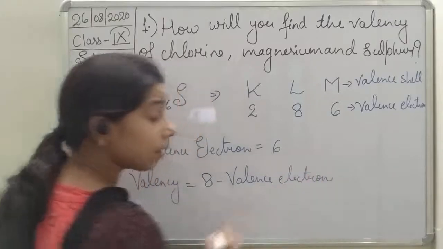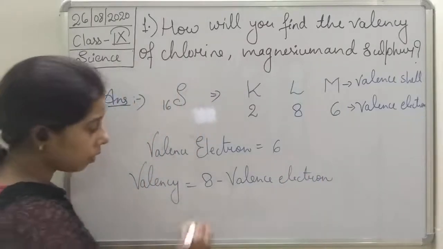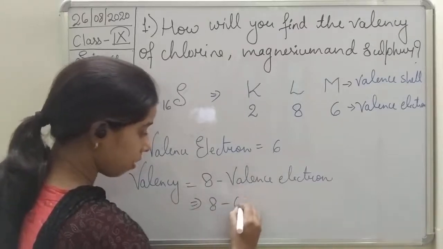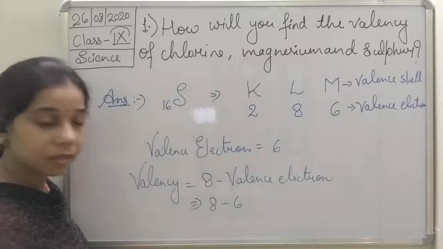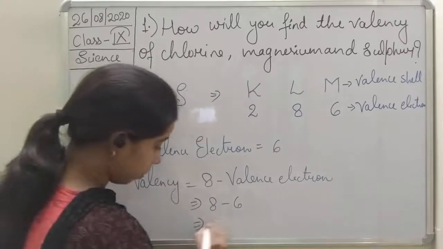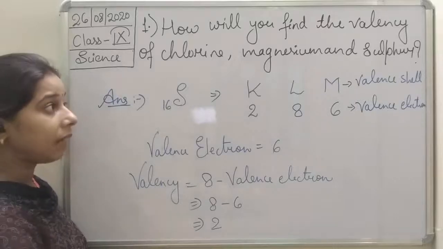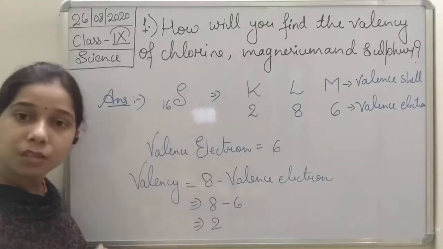So what is the number of valence electron here, students? So that will be equal to 8 minus 6, and that will be equal to 2. Okay. So the valency of sulfur is 2.